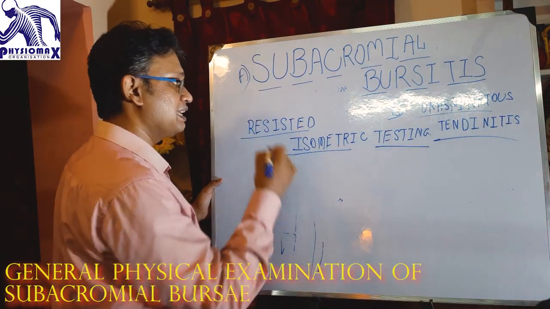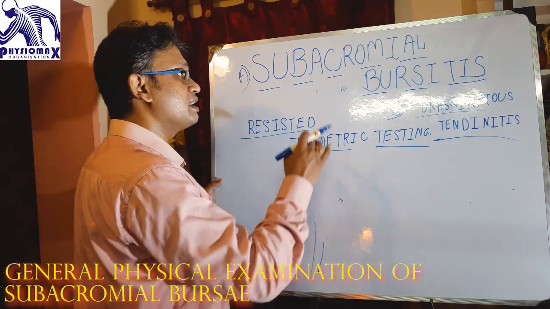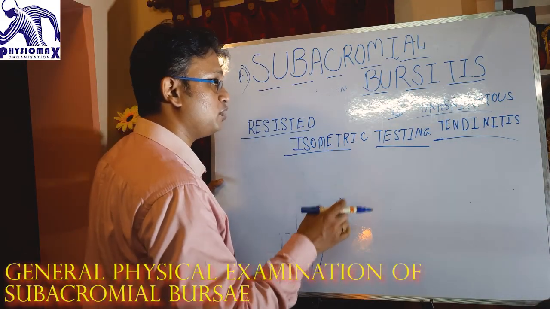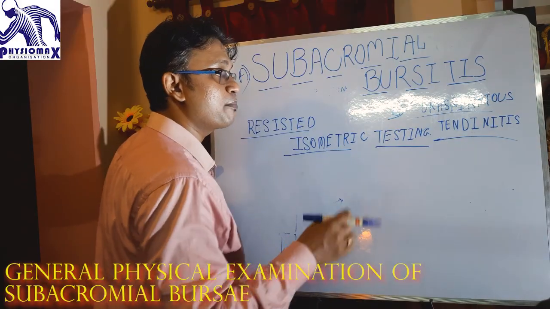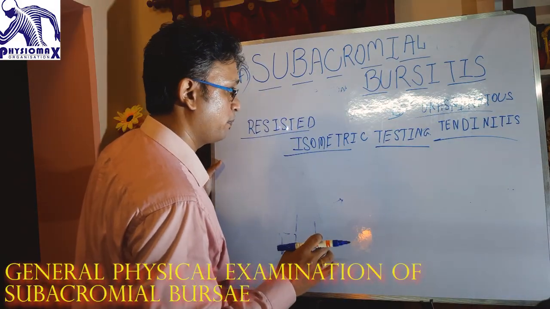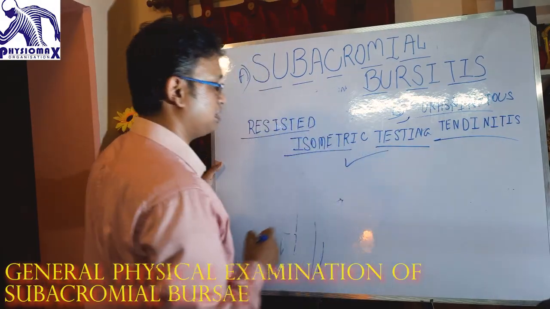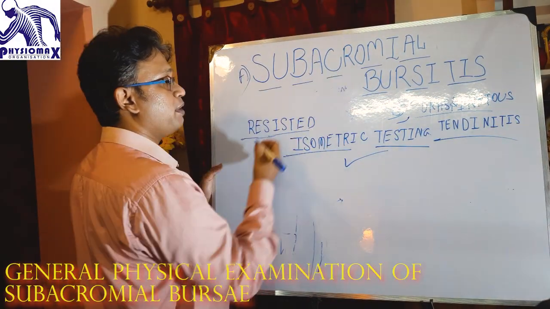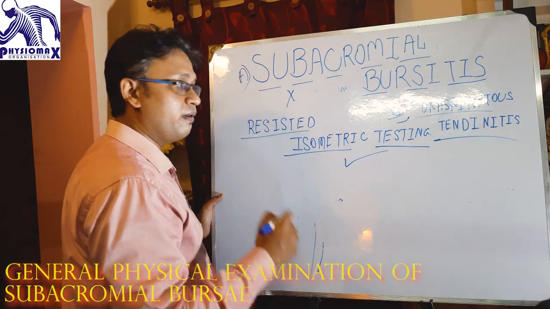Resisted isometric testing is a test procedure to understand the pathological condition related to any type of soft tissue structure, mostly muscular structure. For supraspinatus tendinitis, the resisted isometric test will be positive, but for subacromial bursitis, it will be negative. Why?